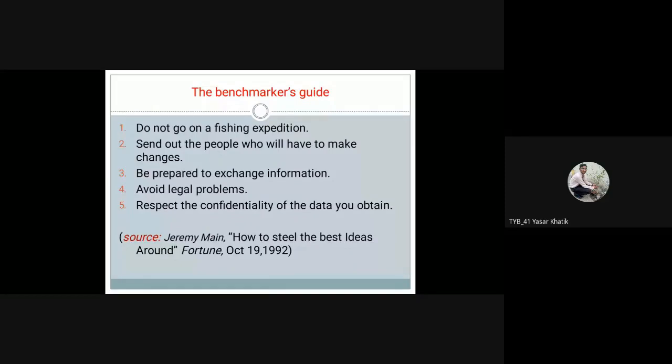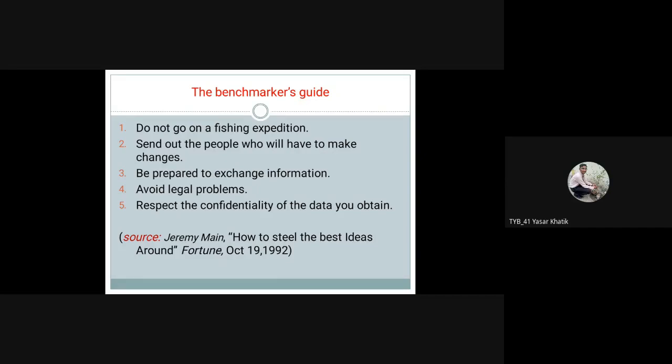Be prepared to exchange information. Before using that benchmarking, we have to be ready to change all the information regarding that part. Okay, if that part does not achieve our standard level, then and only then you have to go for changing the information. Otherwise you don't need to change any information in the database.